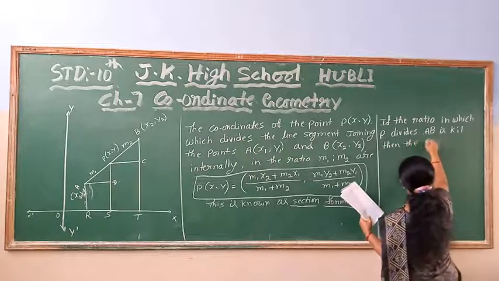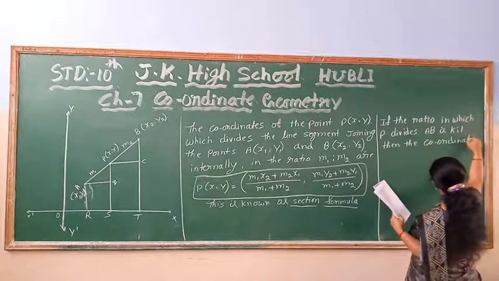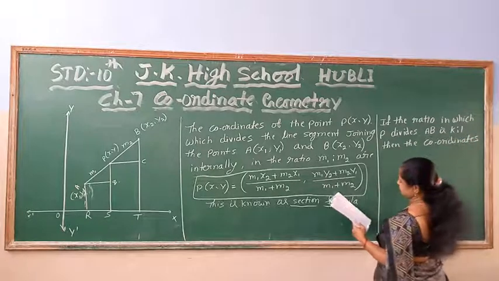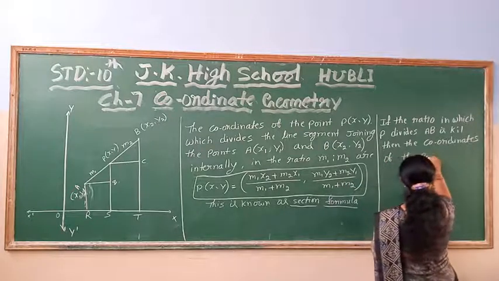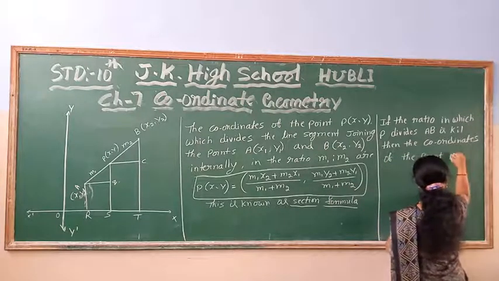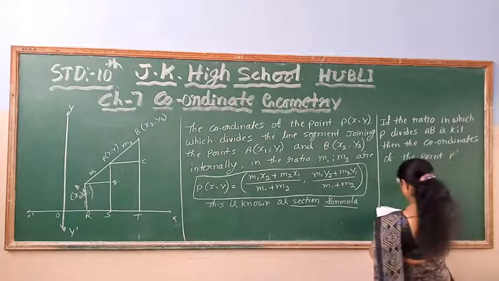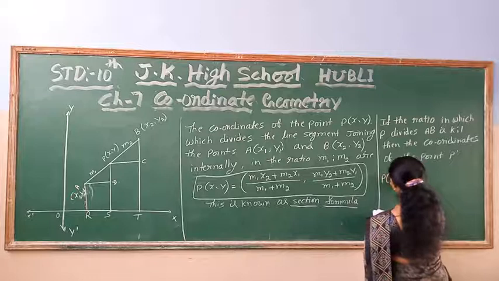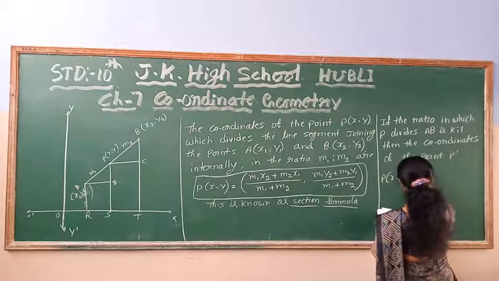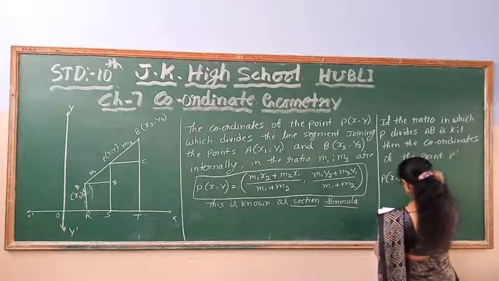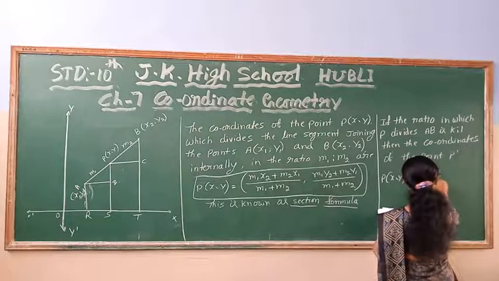The coordinates of P are equal to (k x2 plus x1) divided by (k plus 1).